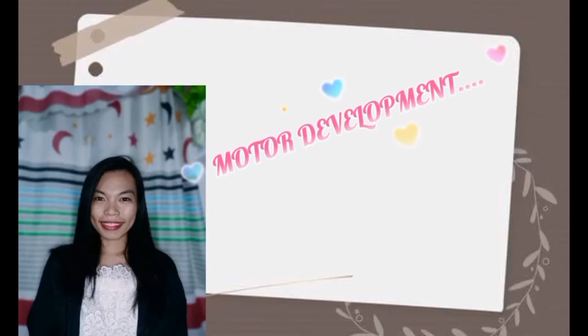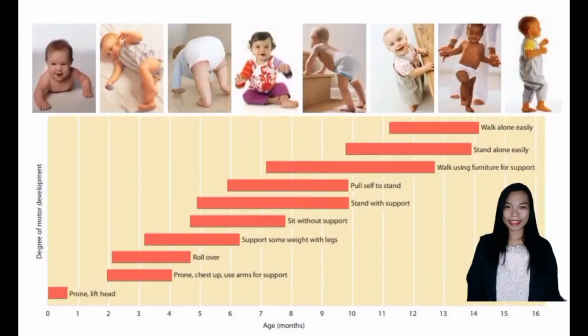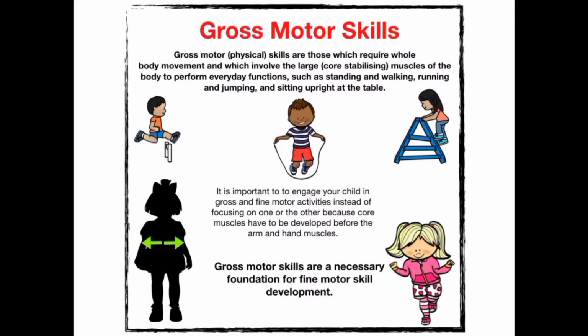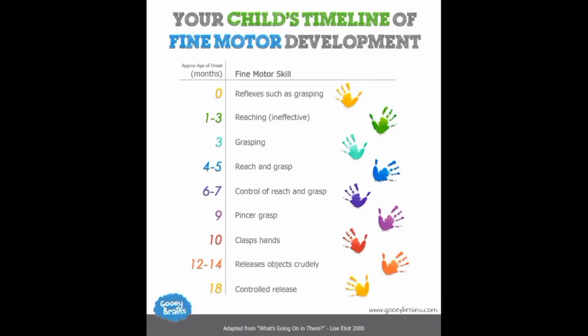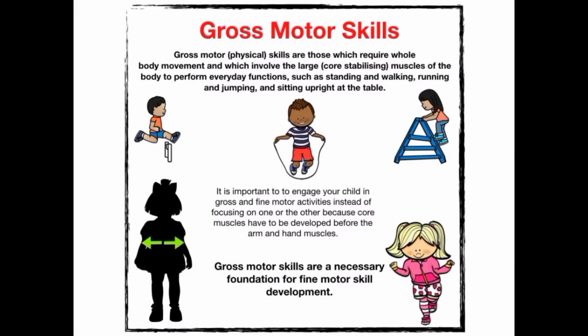Motor development. Physical development refers to a child's rate of growth and control over muscles, coordination, and ability to sit, stand, walk, and run. Motor development is part of physical development and refers to the growth in the ability of children to use their bodies and physical skills. Motor development can be divided into gross motor skills and fine motor skills.